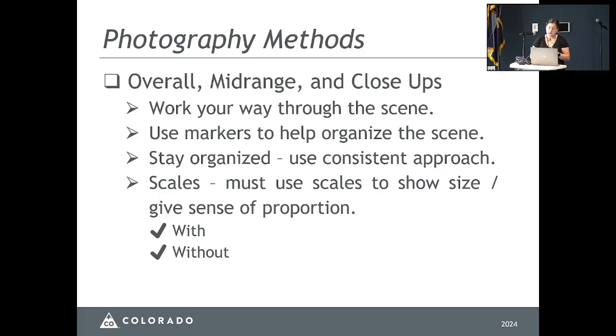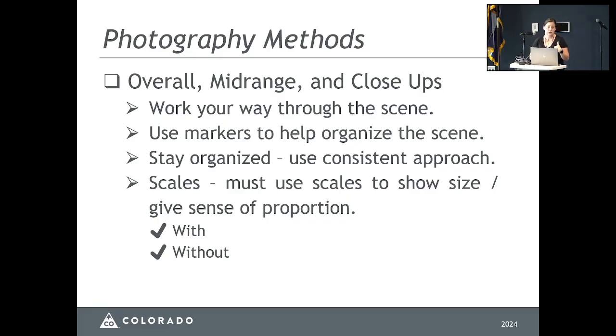The different types of photographs that we want to take are called overall, mid-range, and close-up. We want to tell a story with the photographs, and the way that we do that is by walking through a path of the house or ranch or wherever you are, making sure that your viewer knows where your body position is within that photograph.